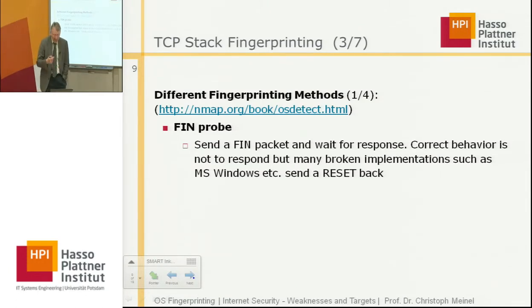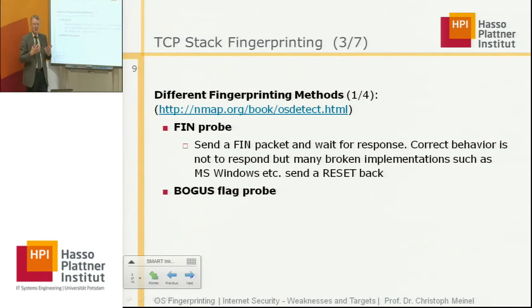The correct behavior would be that there is no response. If a FIN packet is sent, that's the information the connection is closed, stop. But in many implementations, for example Microsoft Windows, they send back a reset. So from the reaction to sending a FIN packet, you can conclude that very probably a Windows system is used.